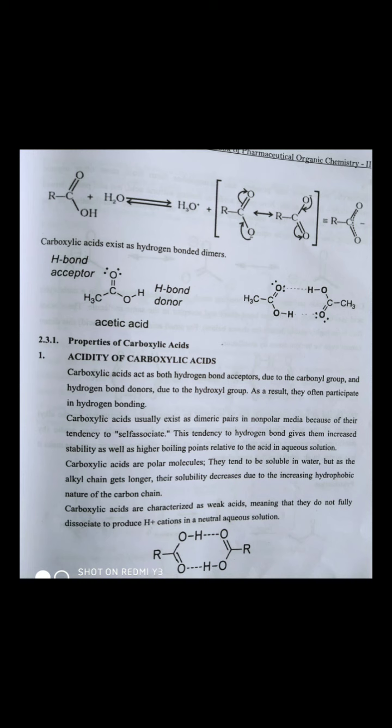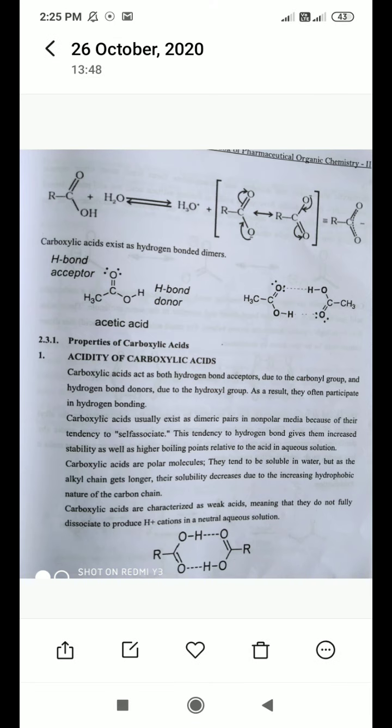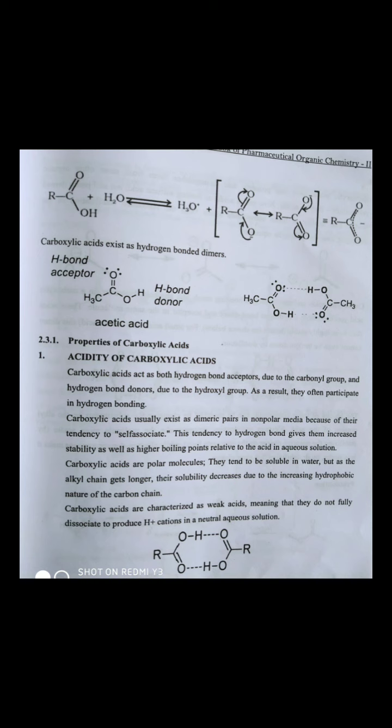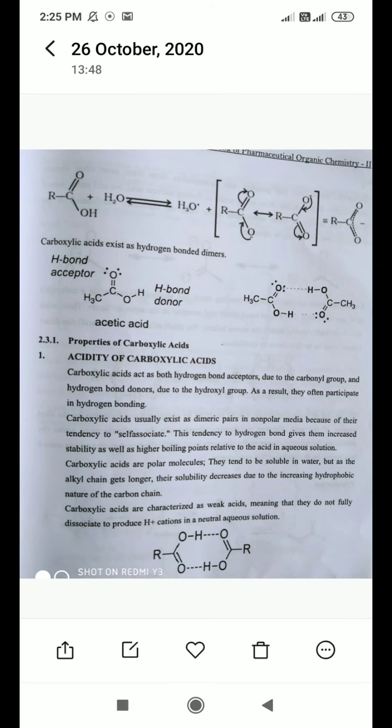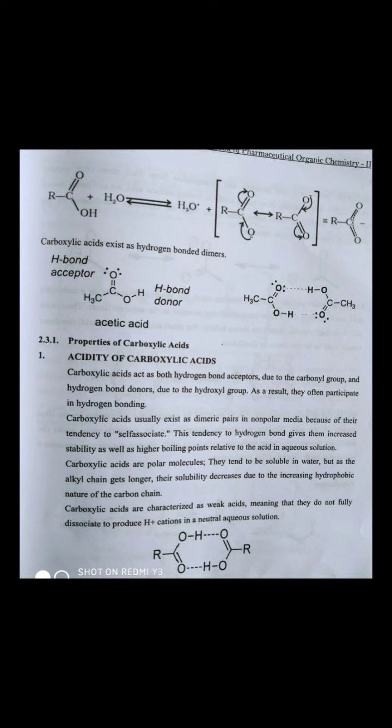This tendency to hydrogen bond gives increased stability as well as a higher boiling point to the acid. What is the effect of this self-association? This hydrogen bonding leads to increased stability of the compound, and it is also responsible for the higher boiling point.